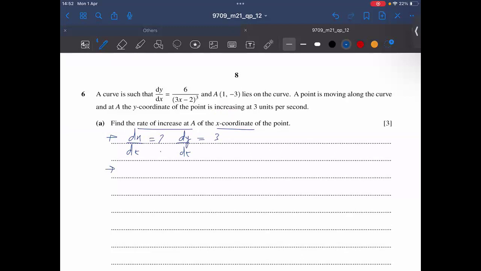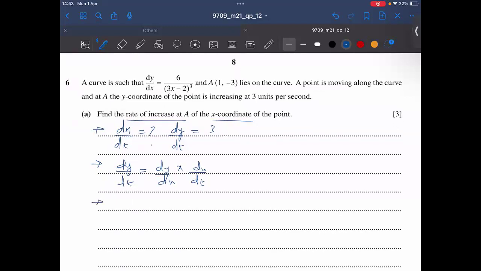I'm going to write down the chain rule equation, starting with dy over dt on the left. I'm going to split it, writing dy over dx times dx over dt.